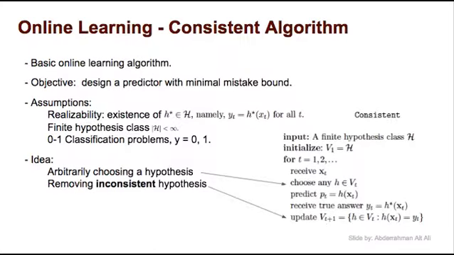What we do here is essentially remove from our set of current hypotheses all the hypotheses that are not consistent with the current prediction. So that's it for the consistent algorithm.